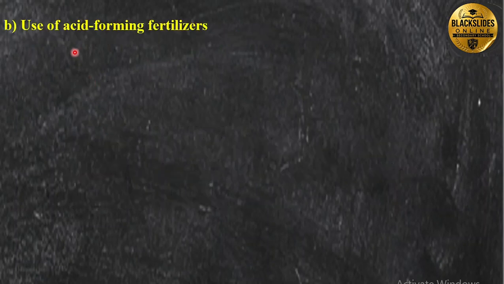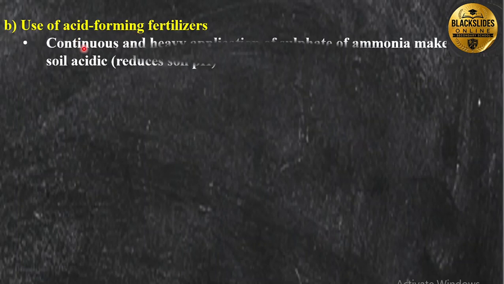Another factor is the use of acid-forming fertilizers. When you use fertilizers that form acids, the soil will become more acidic. For example, the application of sulfate of ammonia. Continuous and heavy application of sulfate of ammonia makes soil acidic, meaning it reduces soil pH.